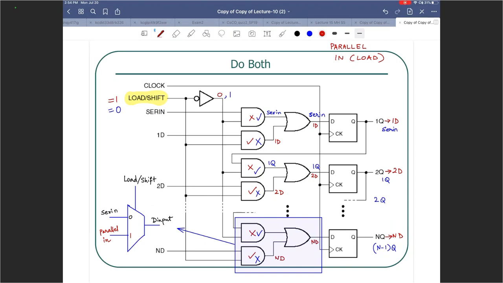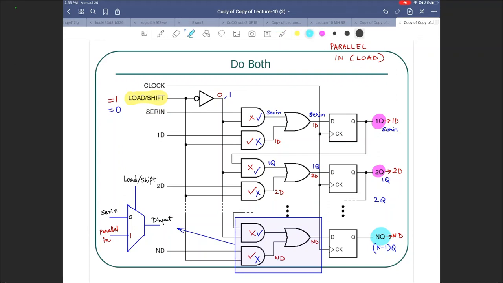Yeah, serial out is pretty simple. That is observe NQ. That is your serial out. Where is the parallel out? Parallel out is 1Q, 2Q, 3Q, so on up to NQ. Those are all outputs of the D flip-flops being observed at one time. That's your parallel out.